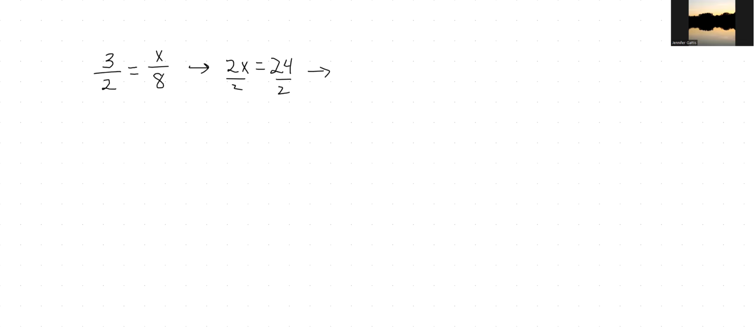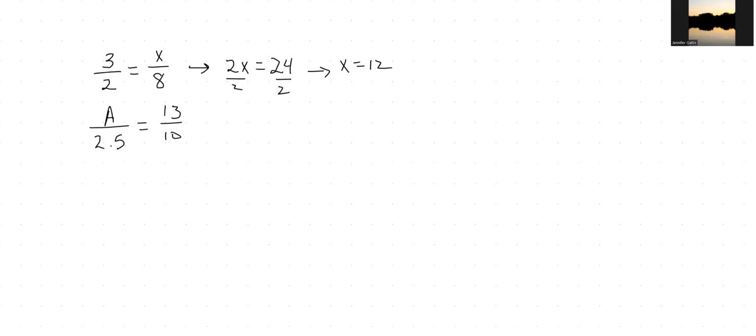So if you notice, we multiplied the 2 numbers that are across from one another, or diagonal from one another, the 3 and the 8. And then we divided by the third number, which is the technique that we're going to use in this next one. So this next one says some number A over 2.5 is equal to 13 over 10. So if you notice, the 2 numbers that are across from one another are 13 and 2.5.